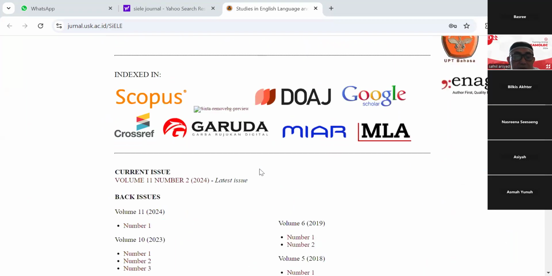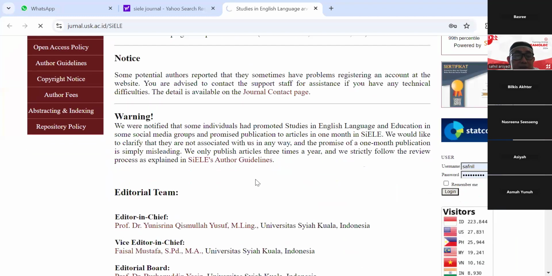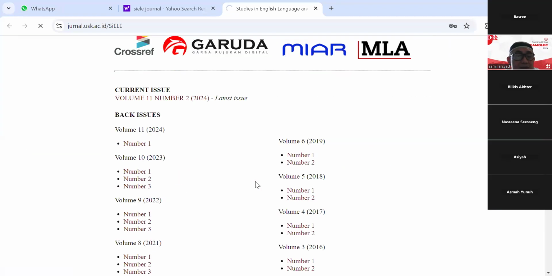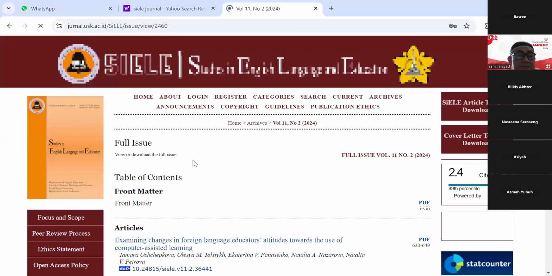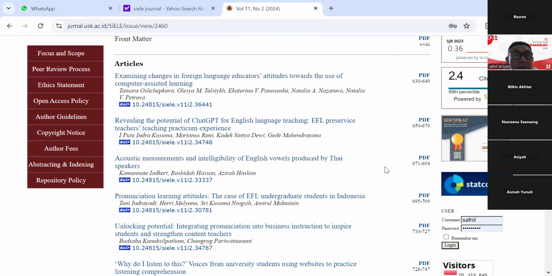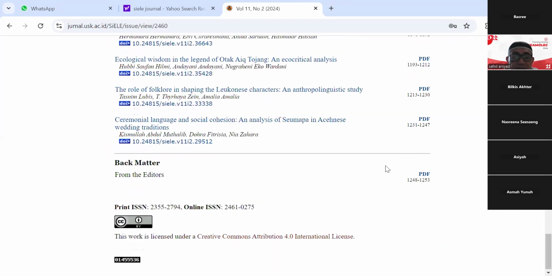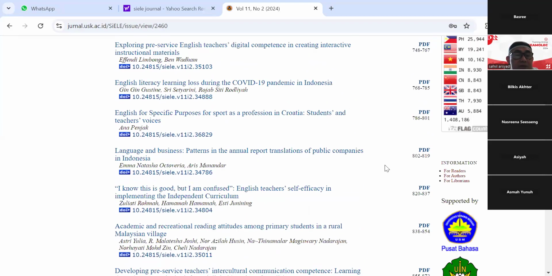You can download the current articles or those in the archives, the PDF files of the articles. But if you want to publish an article here, you have to pay about $200.